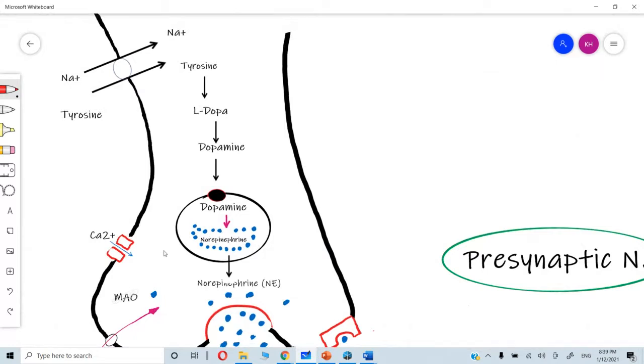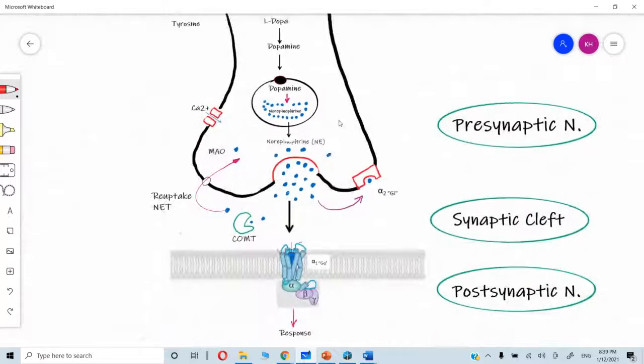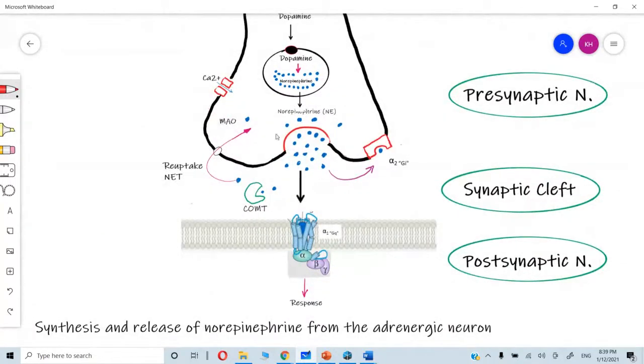When calcium enters the presynaptic neuron, the vesicles start docking on the synaptic wall. This is number one, and the vesicles fuse with the presynaptic end and release their contents.